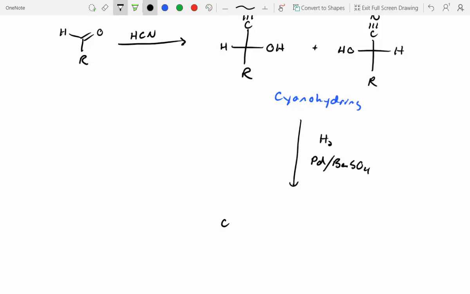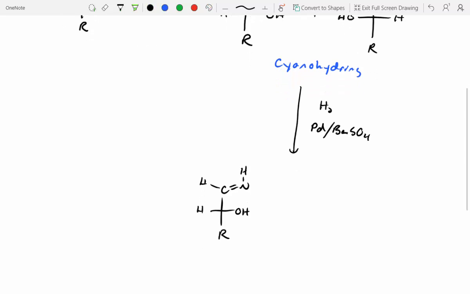So we've got a double bond instead of a triple bond. And just to be thorough, let's do the epimer as well. These are really hard to isolate.